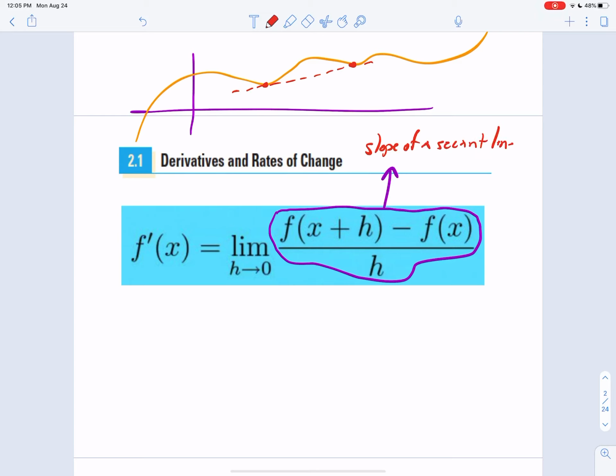What's another synonym for slope of a secant line? Average rate of change, AROC. Okay, that's your toll booth scenario where that guy had to pick up two different receipts to find out that you were speeding, right? So here you had two data points.